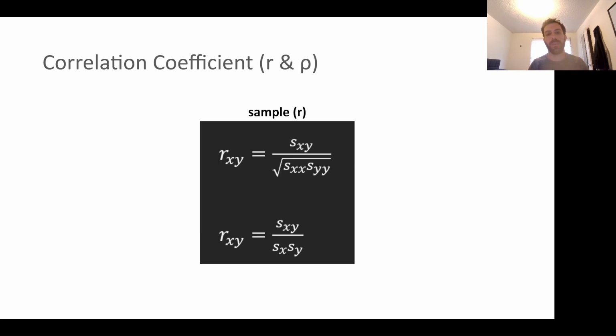The interpretation remains the same. Last time I showed you this, there was another right-hand side with the population correlation, with the Greek letter rho. It's exactly the same formula though, just with a sigma replacing the s's.